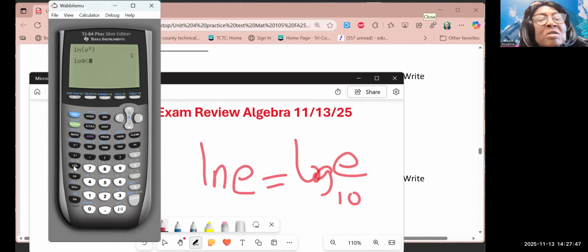So I'm going to put log E like I did before, and I'll put 1 here. So what is log E? I want you to know that if I don't write a base, it means log E to base 10. Do we all agree? Because it's assumed that you know it.